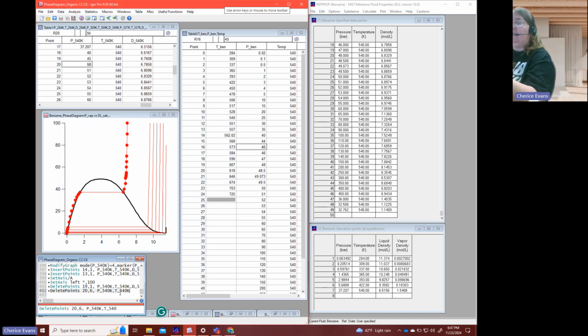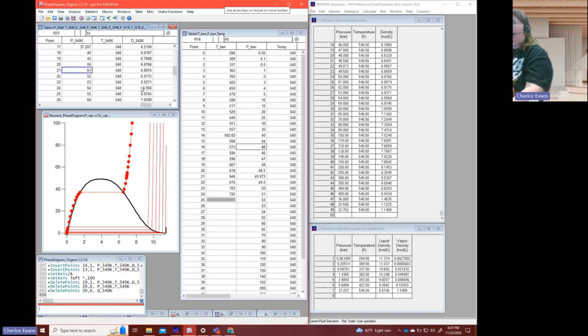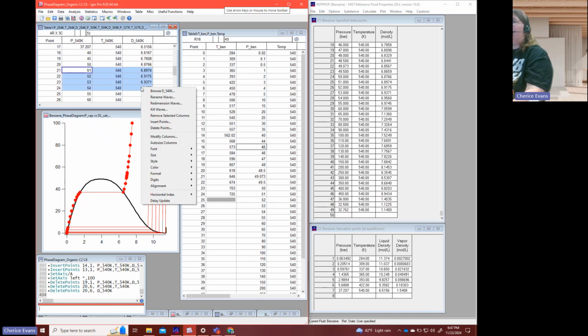So I need to delete those same points out of density. So I copy the command to the active line and convert pressure temperature to density, and you see that fixed the issue. That gives me an evenly spaced set, and I probably don't need these points.